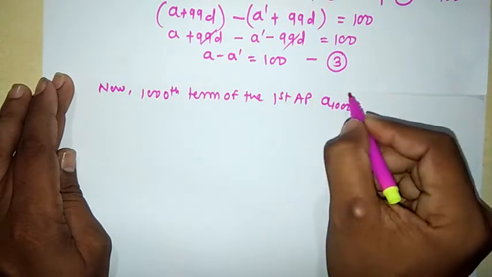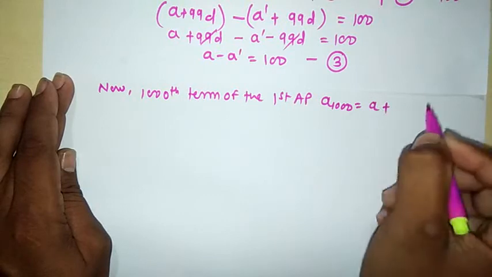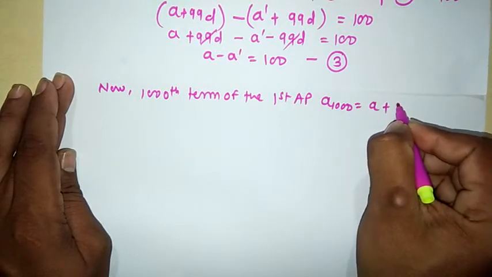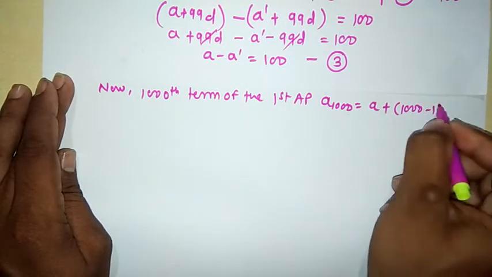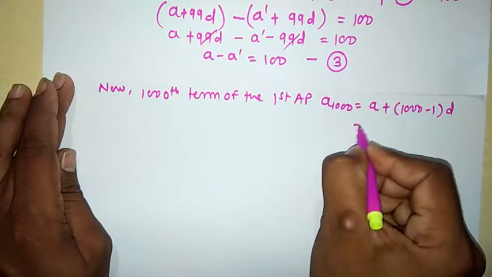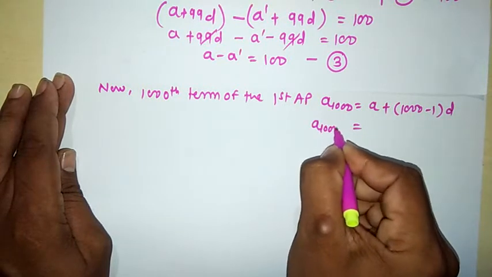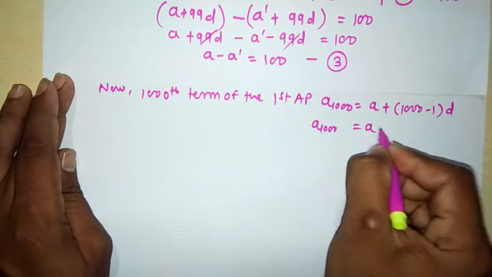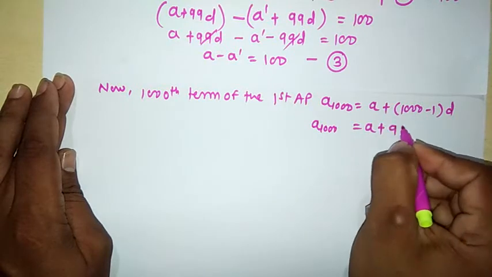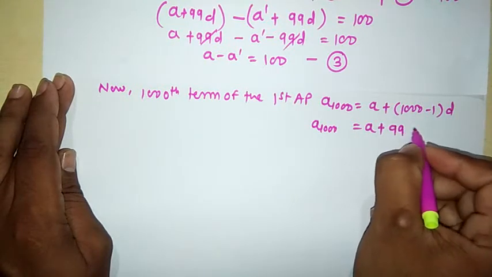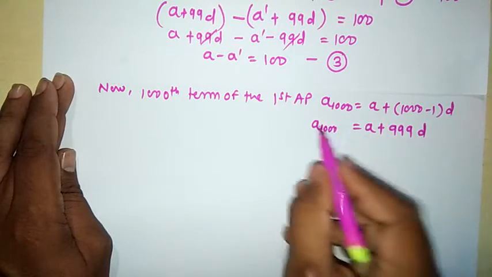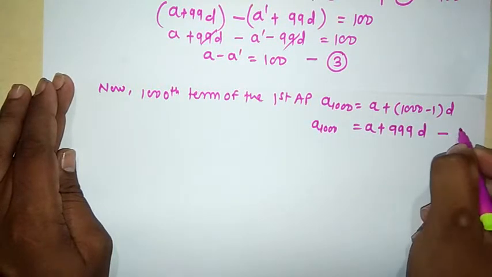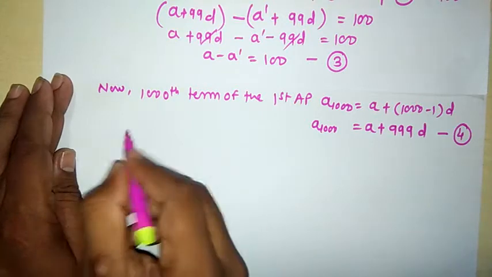What is the first term of the first AP? That is a, plus the thousandth term means (n minus 1) into d, the common difference. Therefore a thousand is equal to a plus 999 into d. We got this as equation number 4.